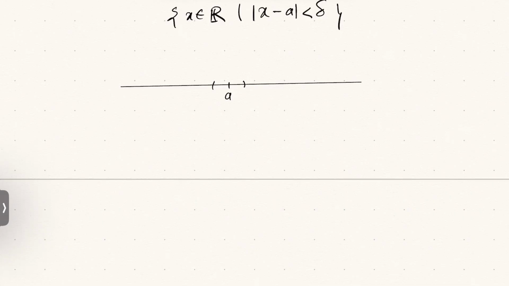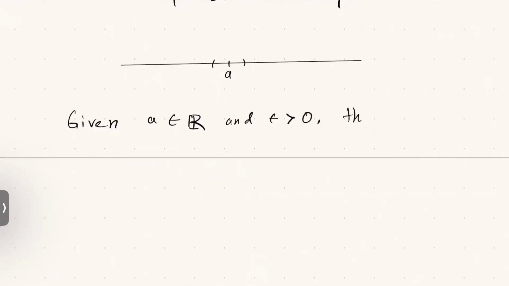Given A belongs to the set of real numbers, we are considering the epsilon neighborhood in the set of real numbers. So A belongs to R, and epsilon greater than 0.